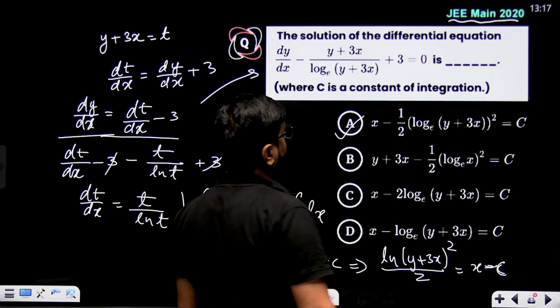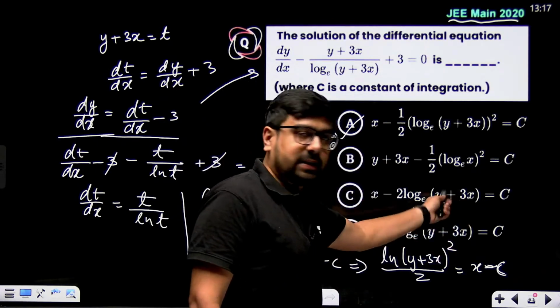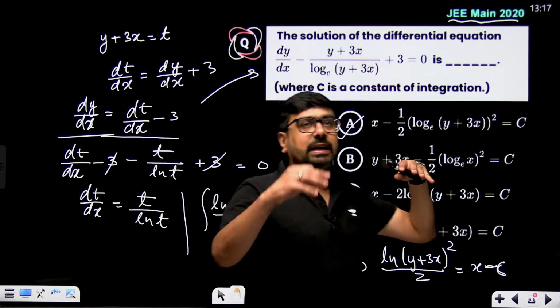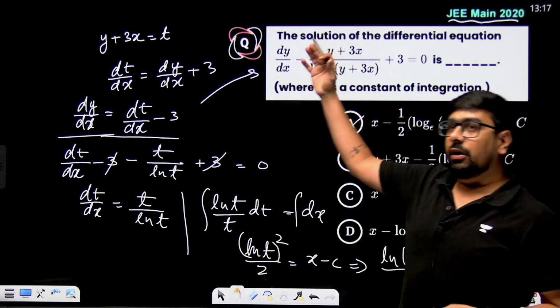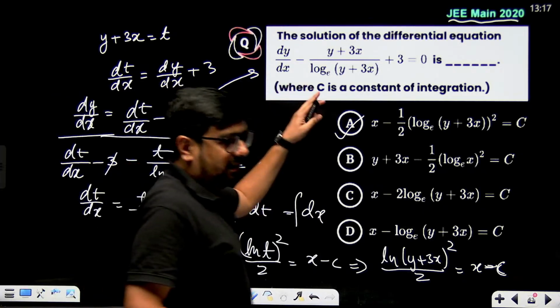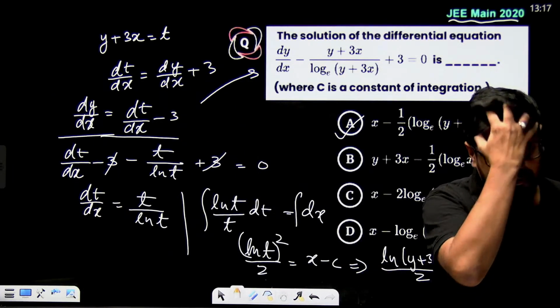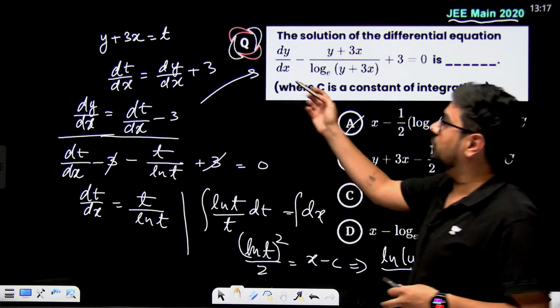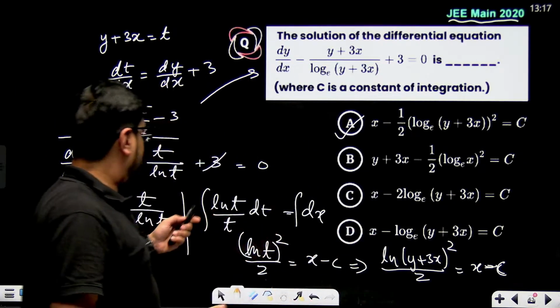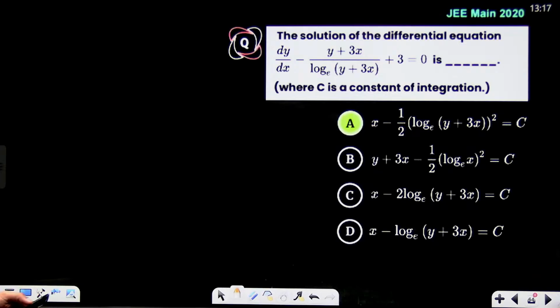Option A will be correct. What to learn is that if you see a linear function on the right side, then you should substitute the linear function as t directly. That's good. Yes, option A is correct.